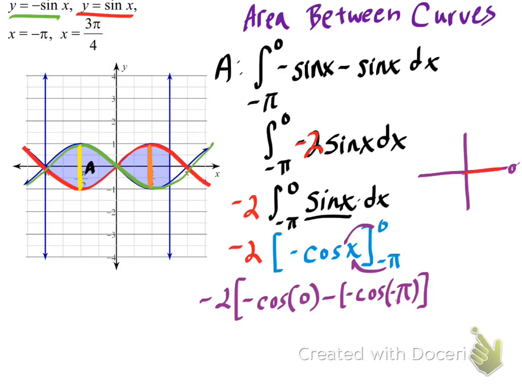Cosine is adjacent over hypotenuse, and there's no triangle here really, but the x value, adjacent to our theta angle, would be 1. So this would be 1 right here, but of course you have the negative, so that's going to be negative 1. I'm going to go ahead and make these two into what they're going to become, which is positive, and then just deal with the trig portion, cosine of negative pi.